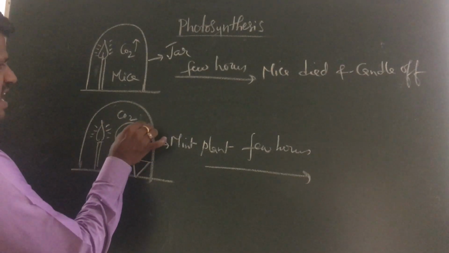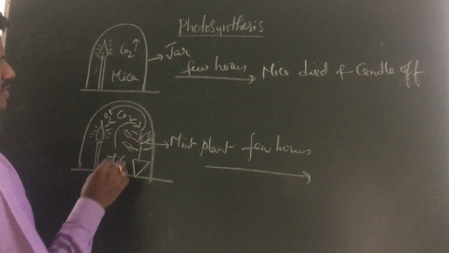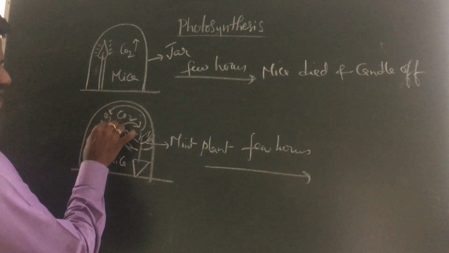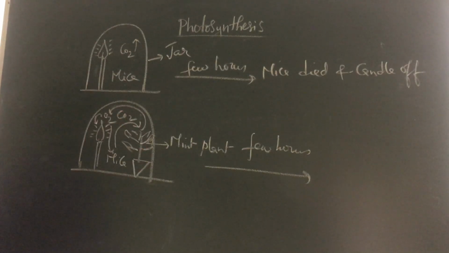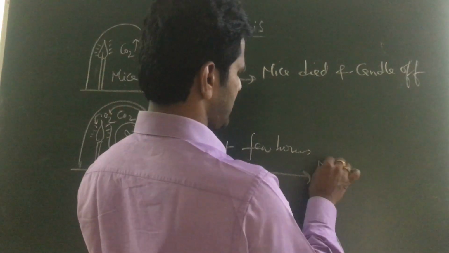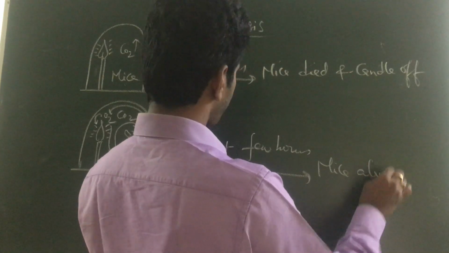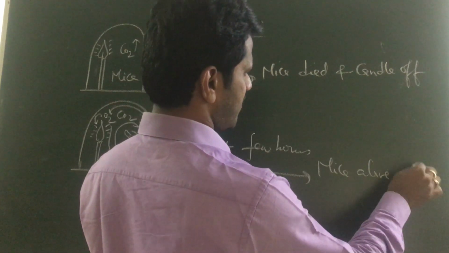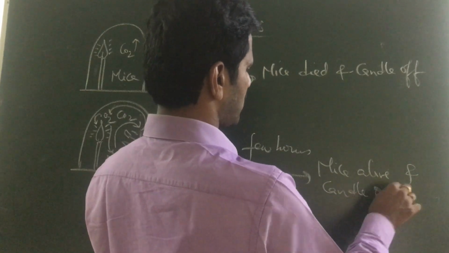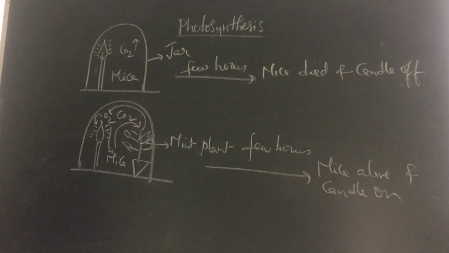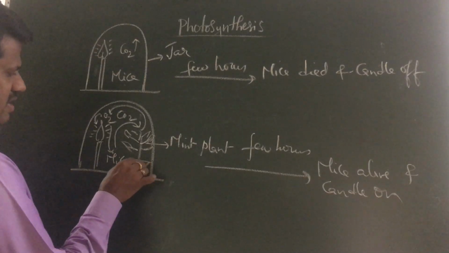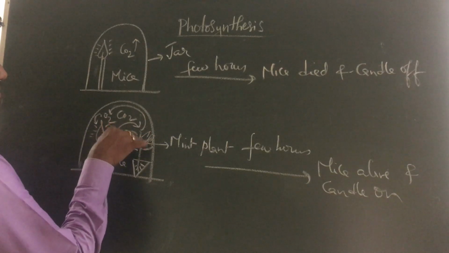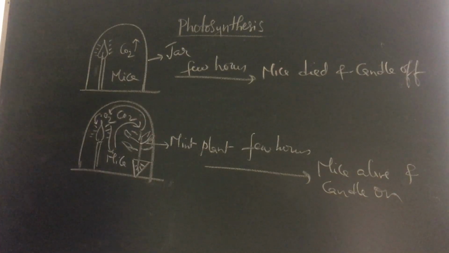Therefore, the plant releases oxygen, which is utilized by the mouse and in turn by the candle. So the mouse is alive and the candle is on, because the plant itself releases oxygen by taking the carbon dioxide present in the jar.